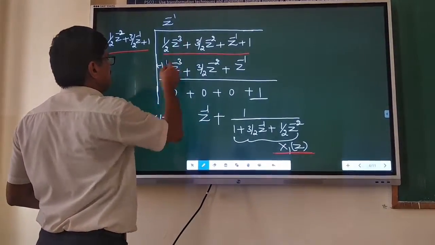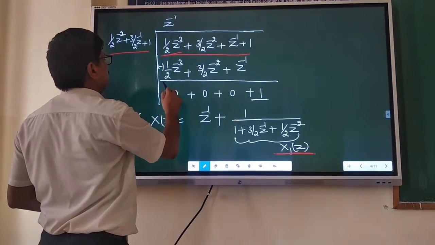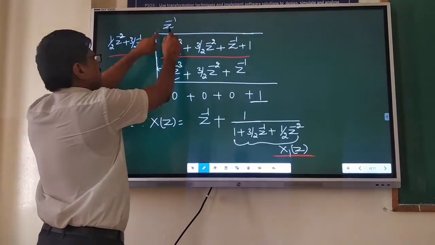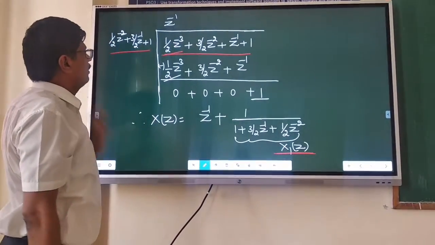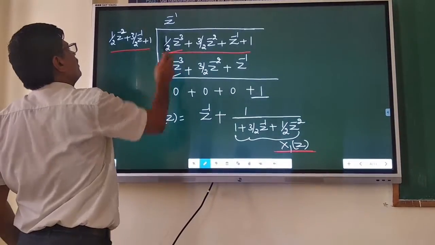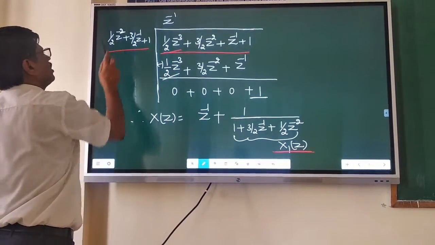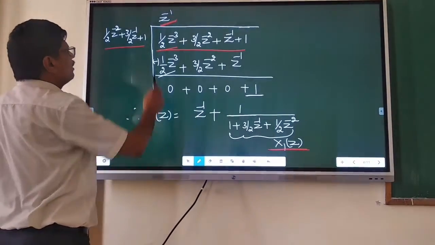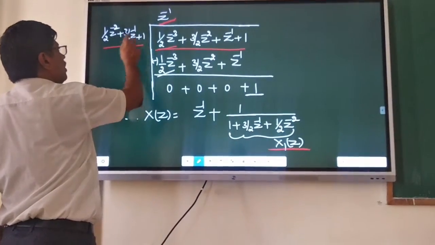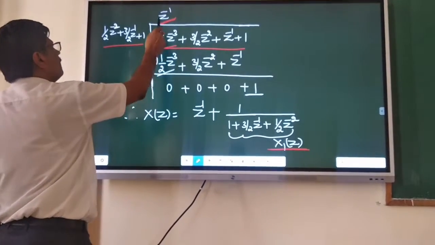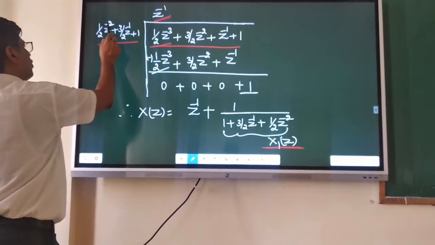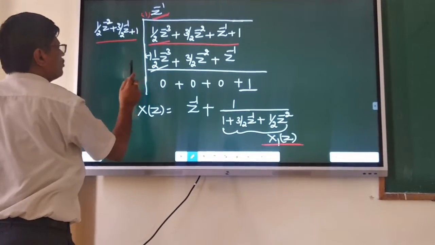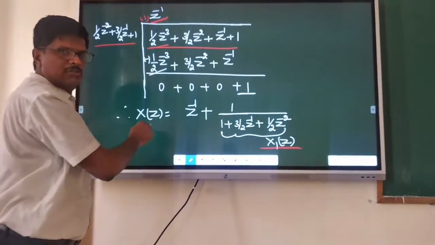Continue until this term gets cancelled. For example, the first term should match the first term of the dividend, so you do multiplications in such a way. 1/2 z^-3 is here, 1/2 z^-2 is here. If I multiply by z^-1, this gets cancelled: z^-1 into 1/2 z^-2 is 1/2 z^-3. Similarly, multiply with all the others: z^-1 into 3/2 z^-1 is 3/2 z^-2, and z^-1 into 1 is z^-1.